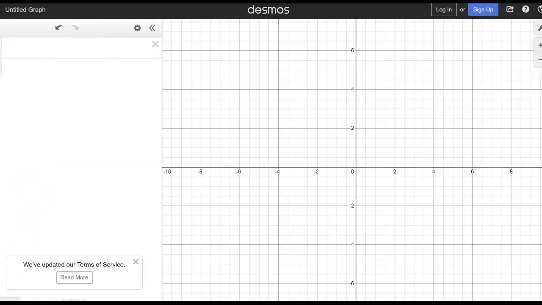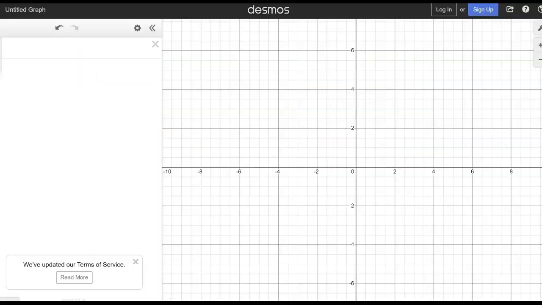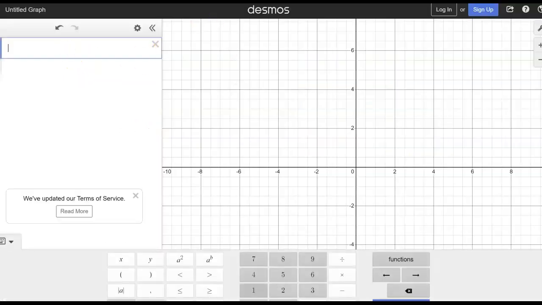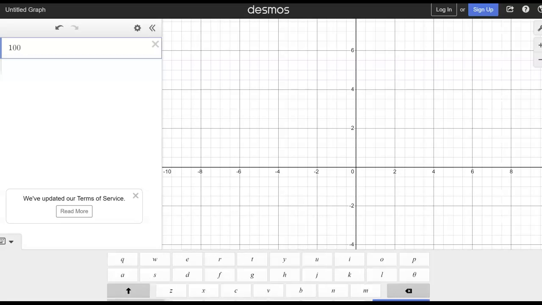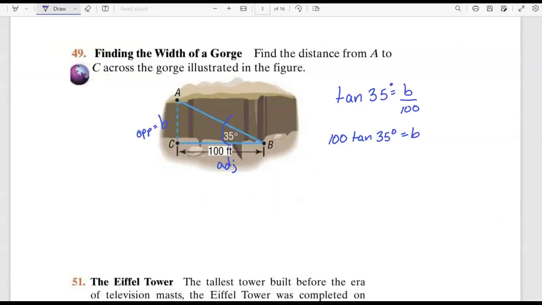Oh my goodness, I'm not sure what I'm thinking there. Let me go back. It's 100 tangent of 35 degrees. We don't need arc tan there. So 100 tangent of 35. And then we're going to get 70.02. So that is our approximate length across that gorge.